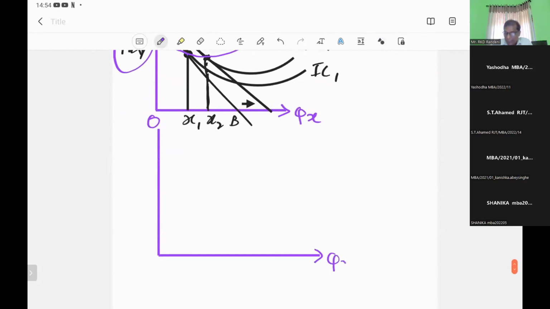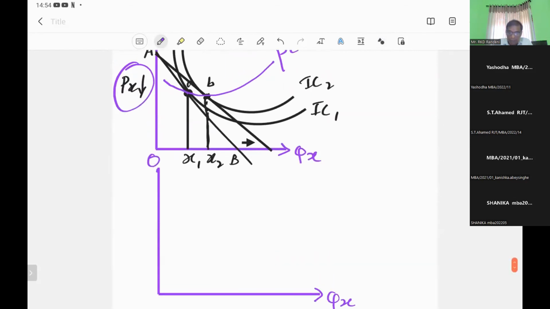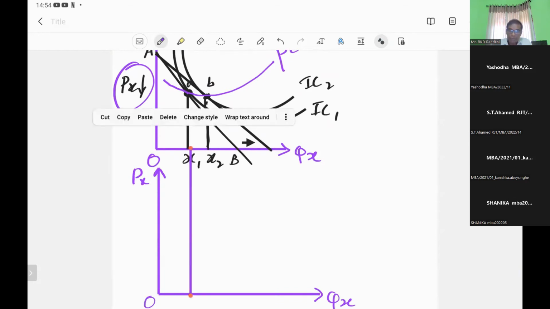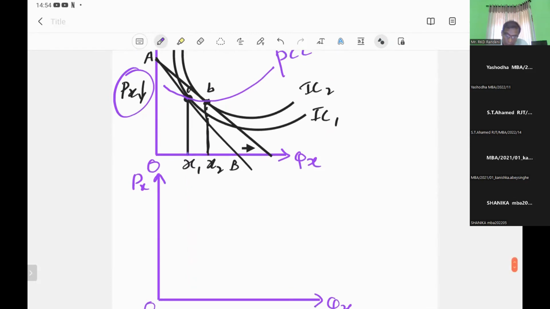Here quantity X, right? Here price of X, 0. Now before the price change, right?